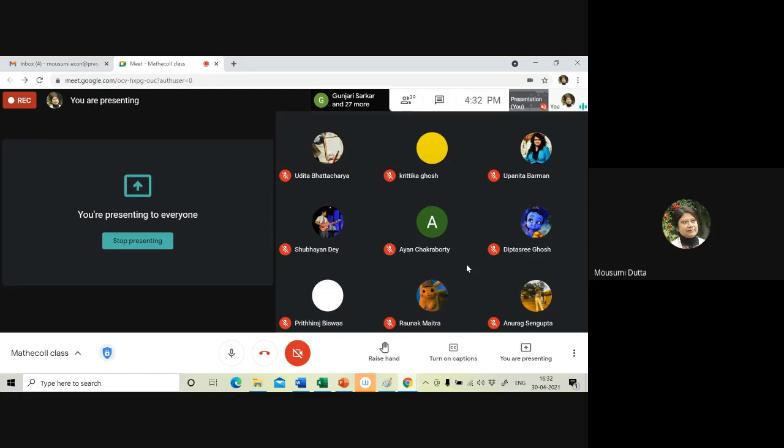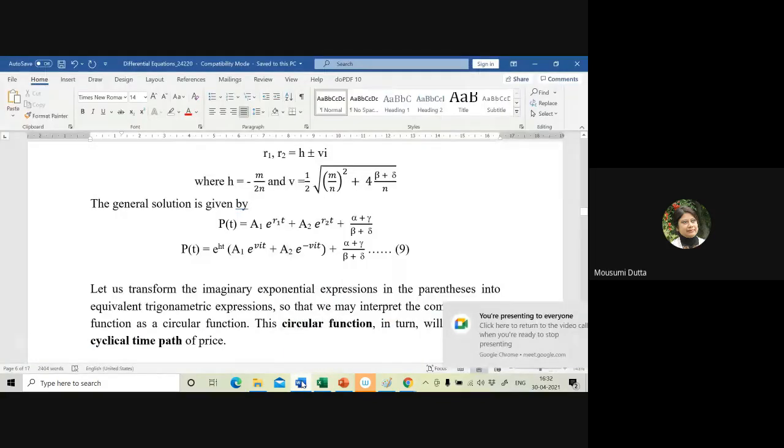So separating out the real part from the imaginary part, and expressing the time path as I have written in equation 9: e to the power ht, A1 e to the power vit plus A2 e to the power minus vit. So in this form, I am writing the thing and getting the equilibrium.